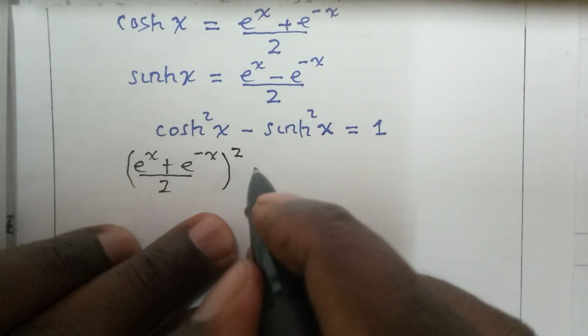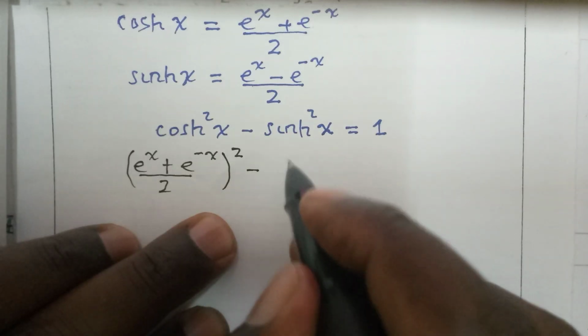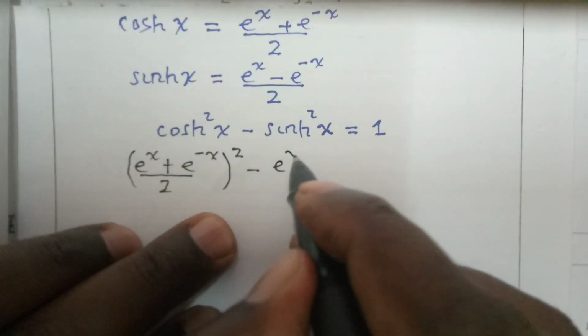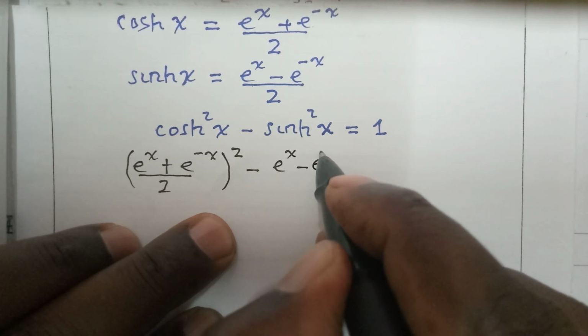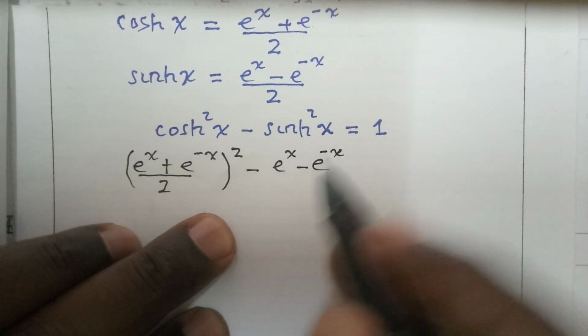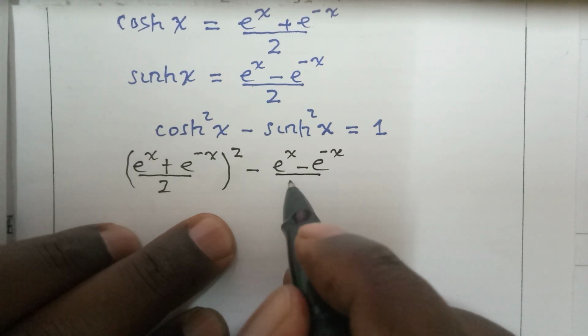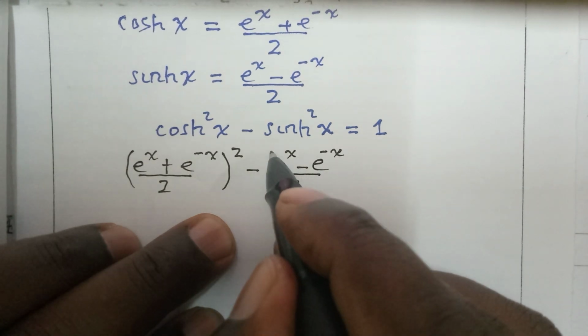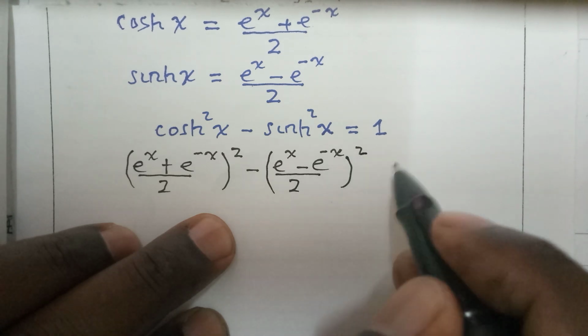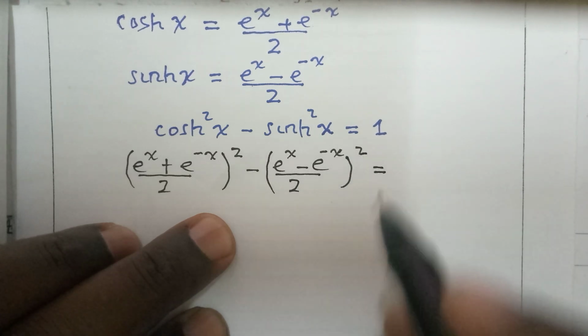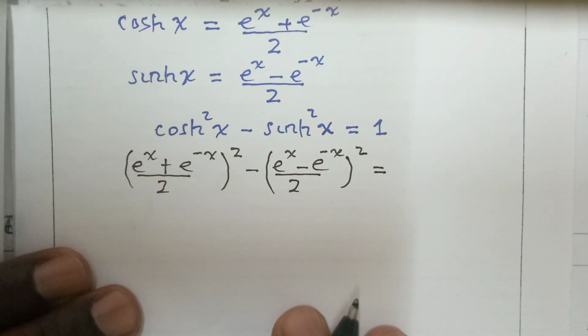Then I say minus e raised to x minus e raised to negative x, all over 2, and this one is also squared. So we are supposed to find now what the answer is.